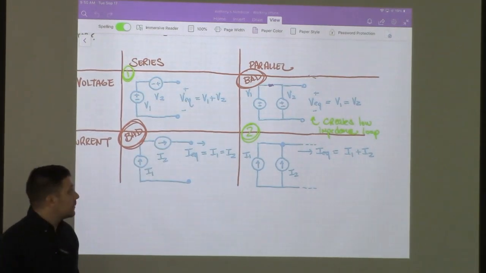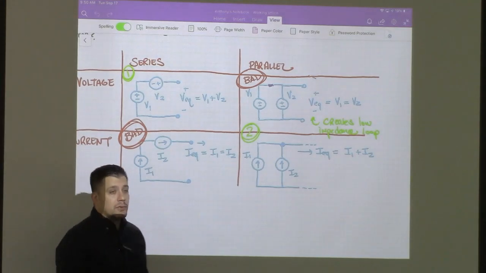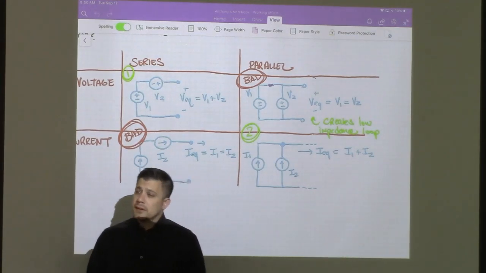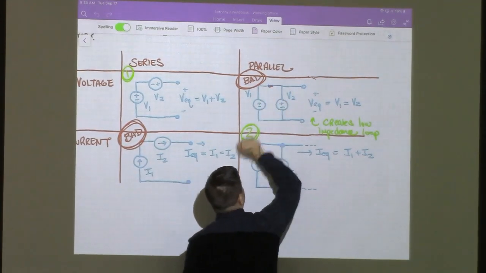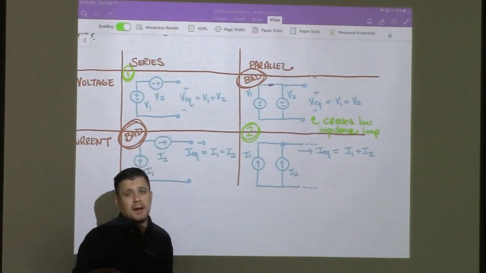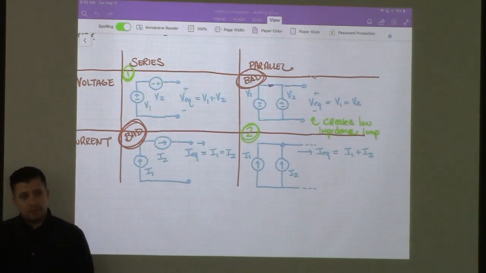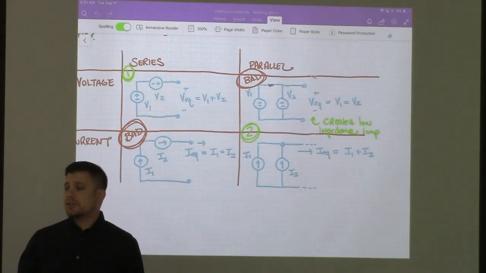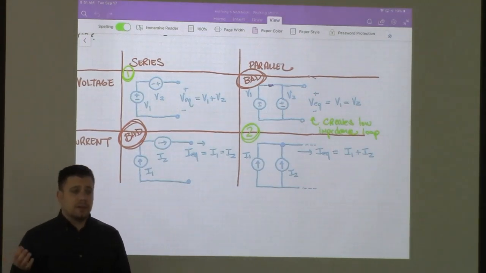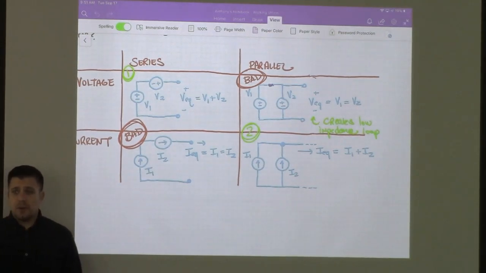Now, what happens in reality when you combine two voltage sources in parallel? In reality, there's always going to be some little resistance between the sources, even the wire. The cables, the leads to the sources, and the oscilloscope and the DMM, those have some small resistance.